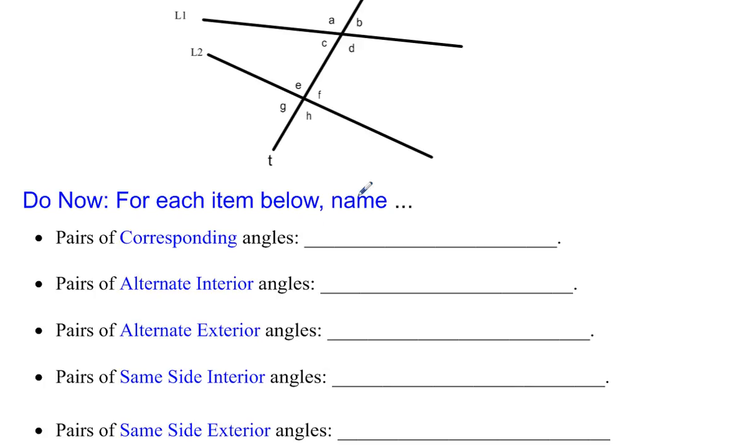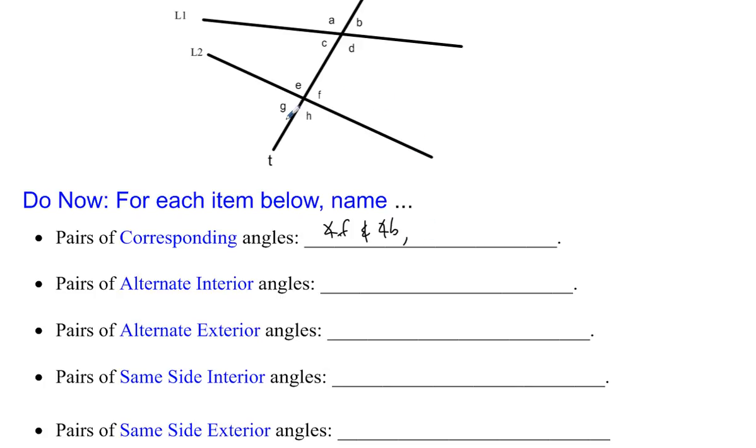Okay, so let's see. Pairs of corresponding angles. Let's start with northeast, northeast. So angles F and B. There's one pair of corresponding angles.